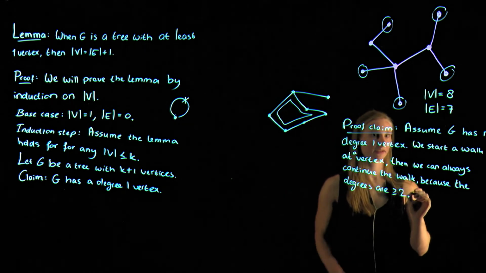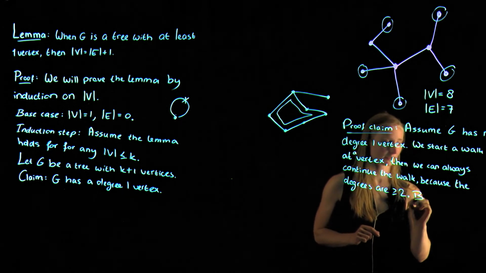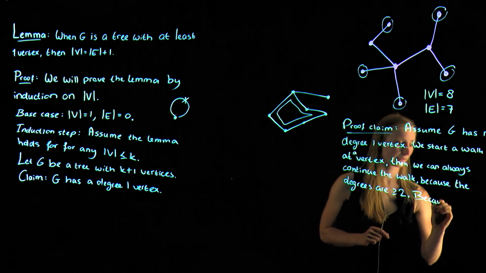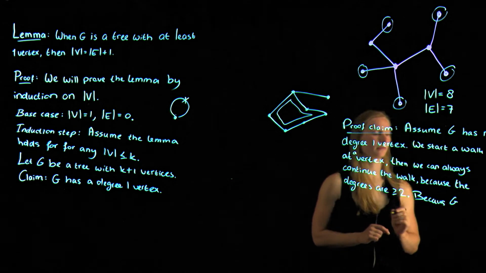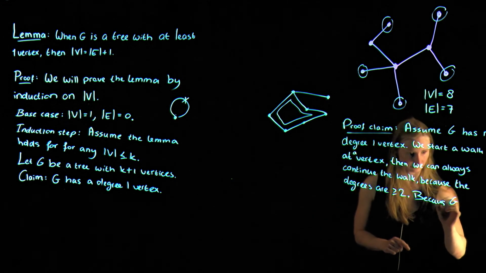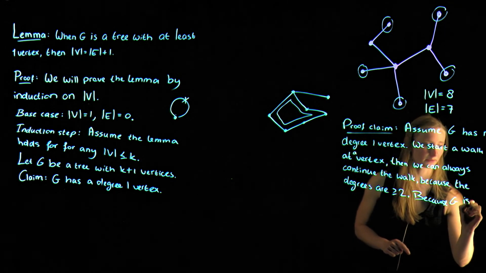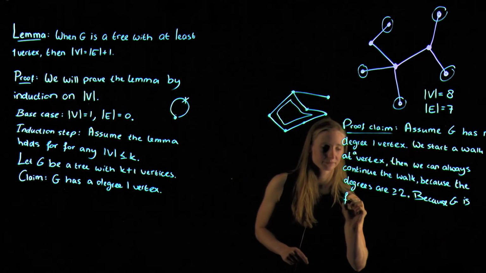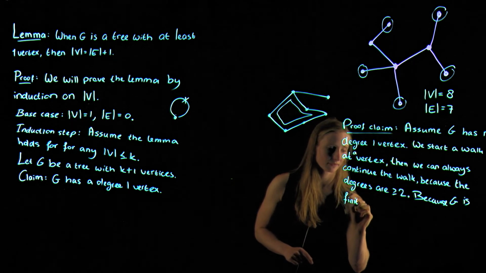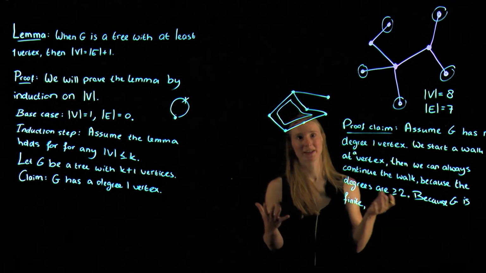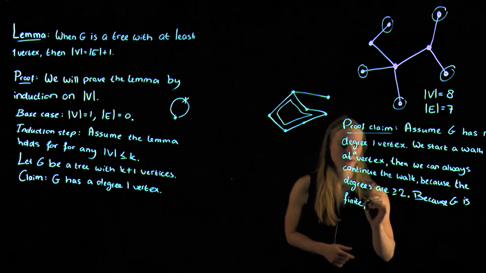And so this is important because this G is finite. We run into something that we have seen before.